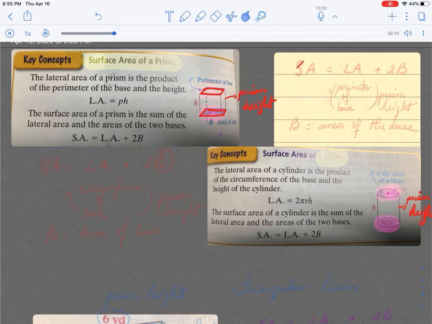Remember, surface area is looking at the lateral plus the two bases. There are always going to be two bases when we're talking about prisms. And then you are looking at the perimeter of the base, and then you times it with the prism height.